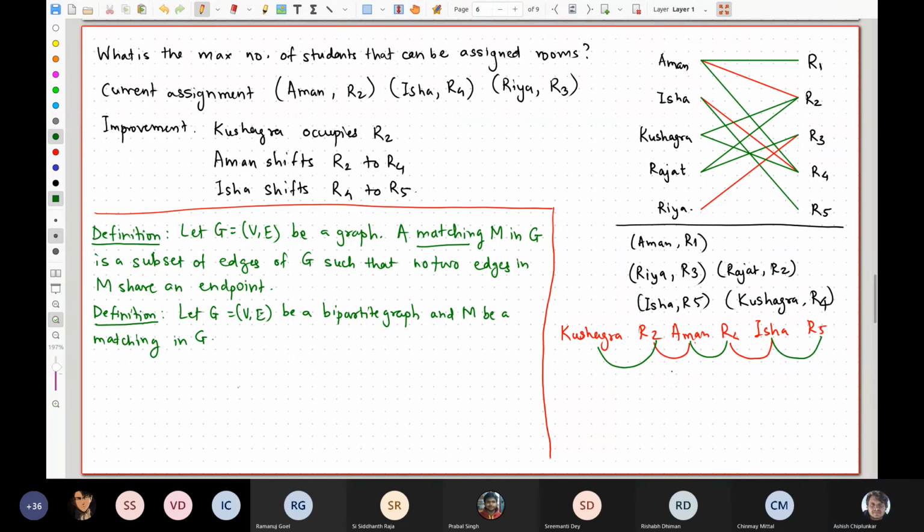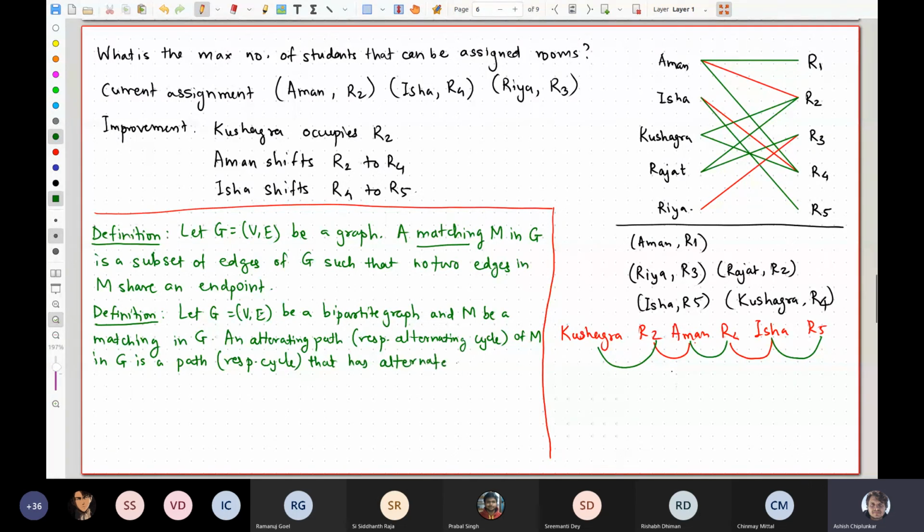An alternating path of M, respectively alternating cycle of M, in G is a path, respectively cycle, that has alternate edges in M and not in M.